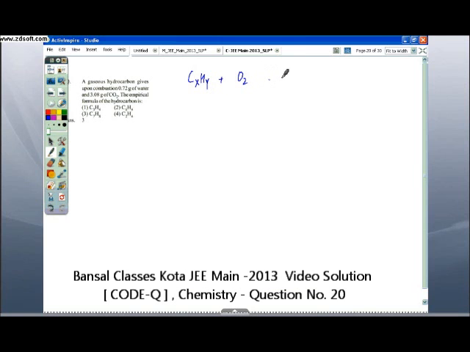On combustion with oxygen, it gives x moles of CO2 and y by 2 moles of H2O. Since CO2 is 3.08 gram, this implies 3.08 divided by 44, which is equal to 0.07 mole.